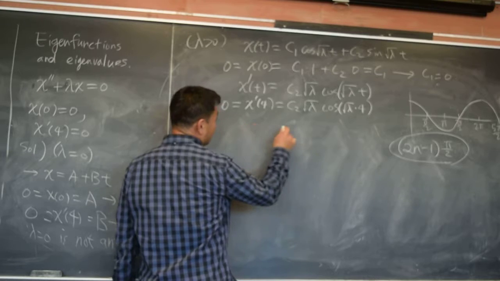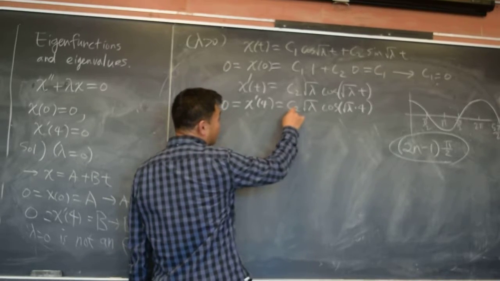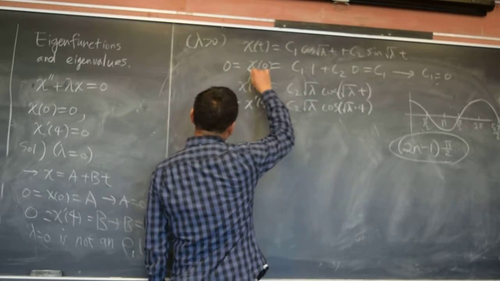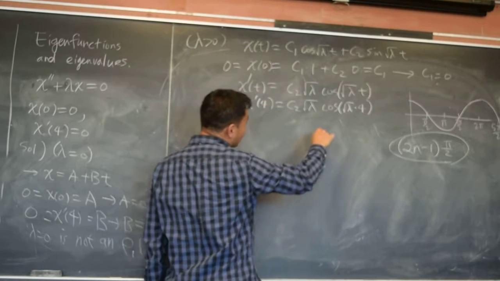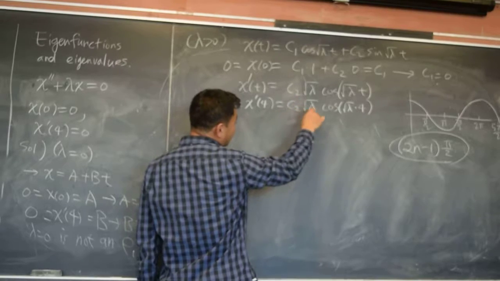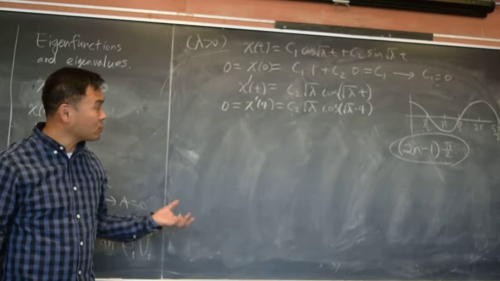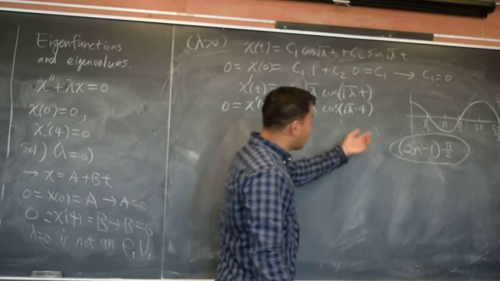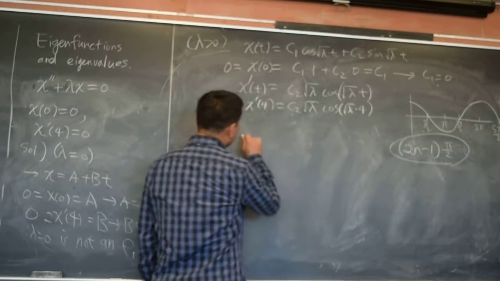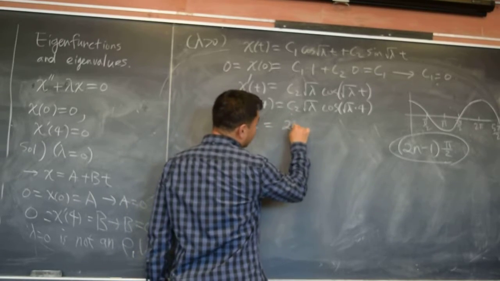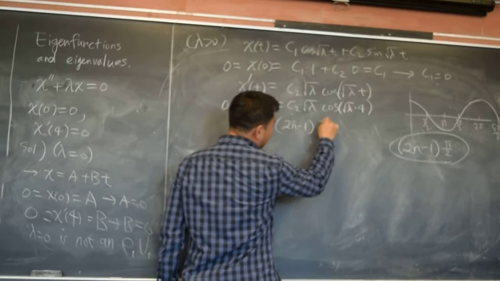So we see that c2 can't be 0, because c2 equal to 0 gives you a trivial solution. Lambda is not 0 because that's the case we're not dealing with here. And since both of these are not 0, you're forced to have cosine as 0, but cosine is only 0 at these points. So we have square root of lambda times 4 equals 2n minus 1 times pi over 2.